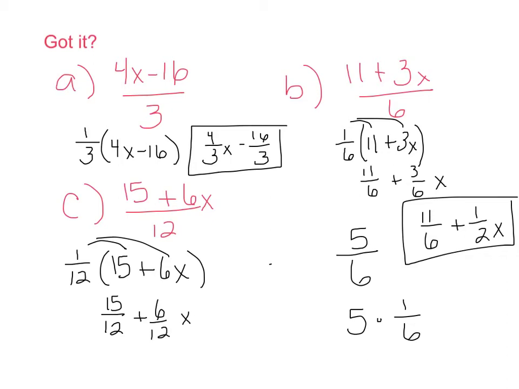What number goes into 15 and 12? It'd be 3. Divide by 3. So that would give us 5/4, I'm sorry, not x. 5/4 plus 1/2 x. And that would be your answer.